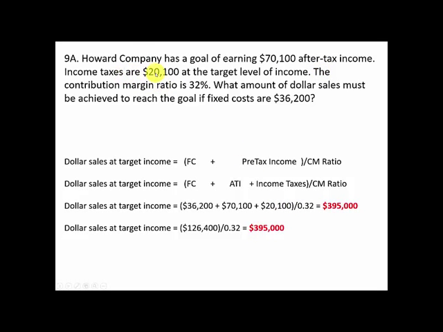So fixed costs plus after-tax income of $70,100 plus income taxes of $20,100. Add them together, divide by 0.32, and all three of these things together added up to be $126,400 divided by 0.32. So the dollar sales at target income, that is the dollar sales you got to have to achieve that $70,100 after-tax income, would be $395,000.